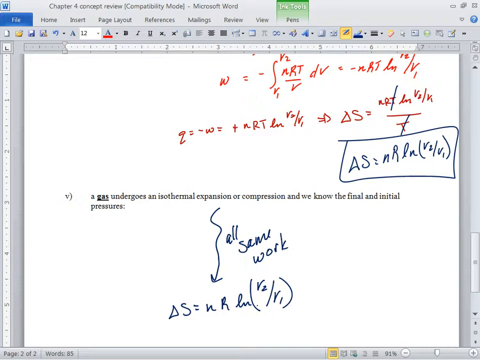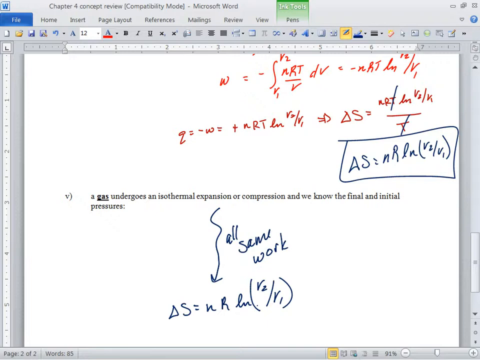So try it. First you have to go through all the same working. It's up to you whether you want to do all that again, but you would have to if I asked for it. See if you can convert this final relationship to relate initial and final pressures when you know initial and final volumes.